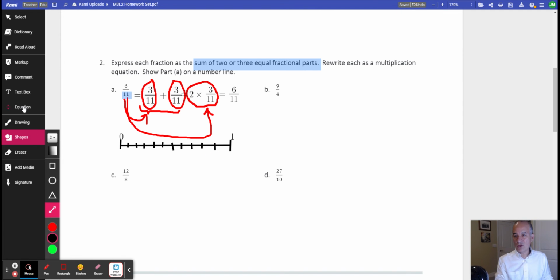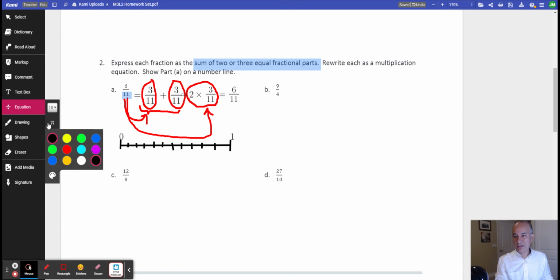So now I'm going to label it. The first one is going to be 0/11, and the next one should be 1/11. So you get the picture here. Each of them needs to be represented as a fraction.